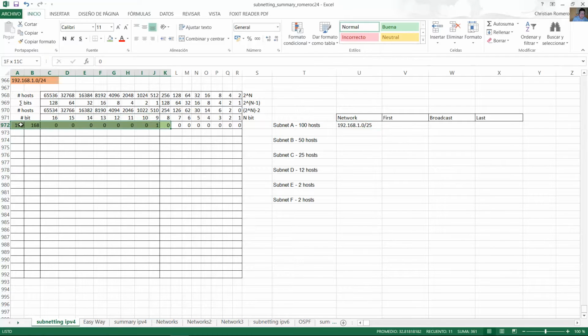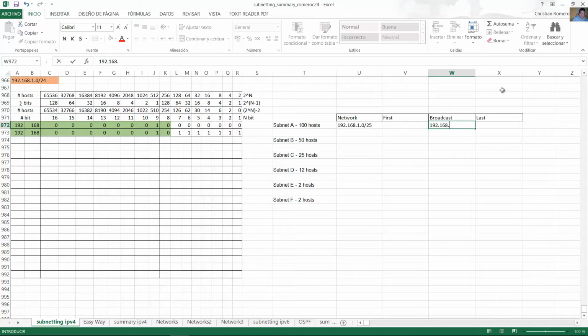Okay, to allow the broadcast, only copy the network portion and fill the host portion with 1. Okay, and this is the broadcast. 192.168, 1 in binary. This in binary is 127.